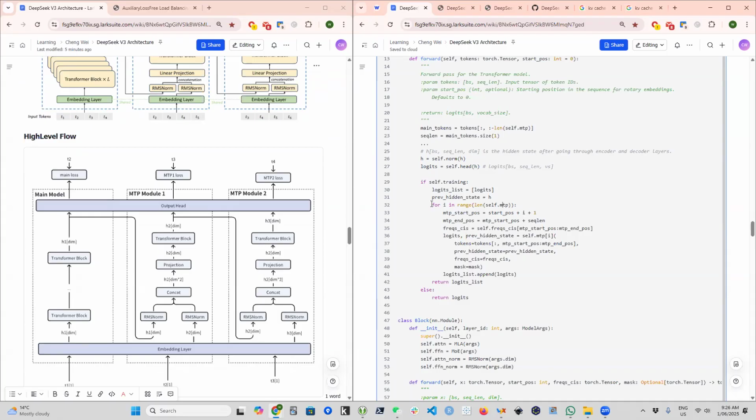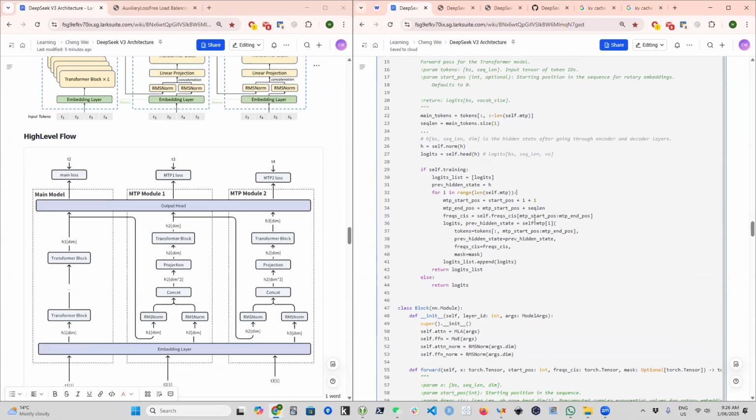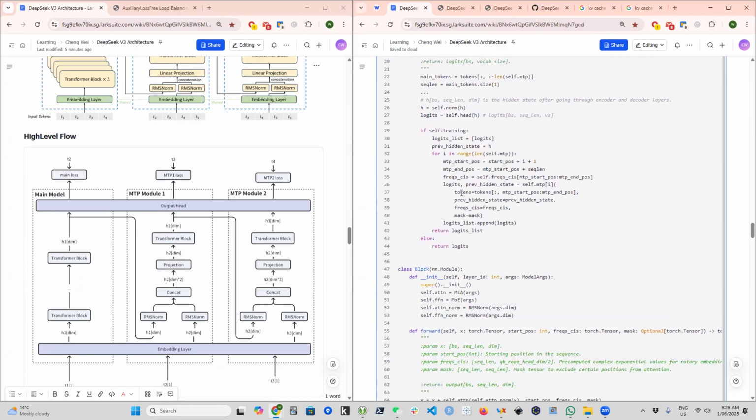Then if it's chaining, we go through multi-token prediction. For multi-token prediction, we need to prepare the input token. The input token we need to shift in position. You see here, for T2 we shift 1 position; for T3 we shift 2 positions, right?